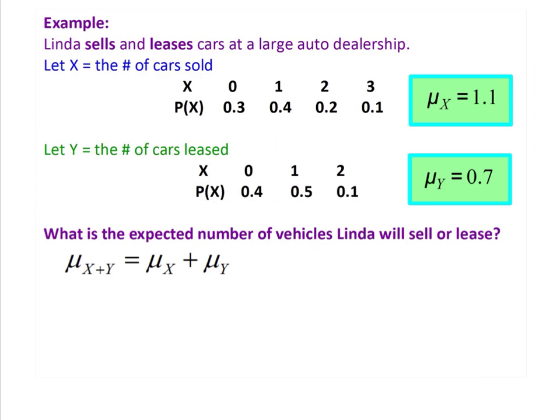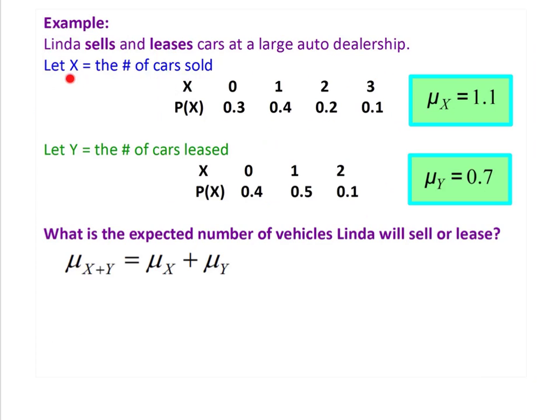If I look at an example, we're going to go back to Linda and her cars. So it says Linda sells and leases cars at a large auto dealership. So X is the number of cars she sells, and this is the same distribution that we've been working with from previous videos.